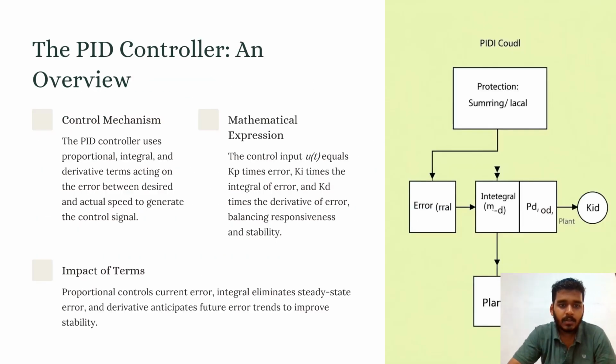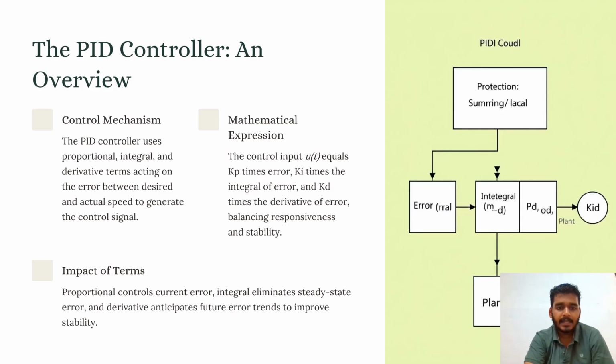Now coming to the PID controller overview. On the right side of the screen, we can see the PID block diagram, summarizing the set point, error signal, integral, P and D blocks, and the plant.